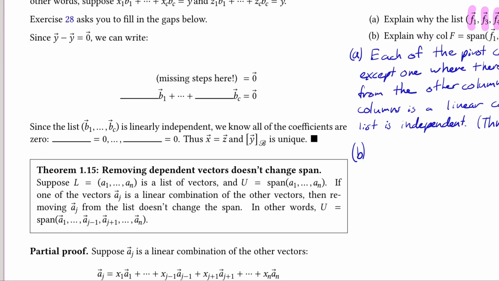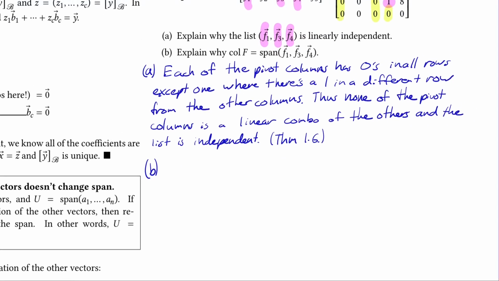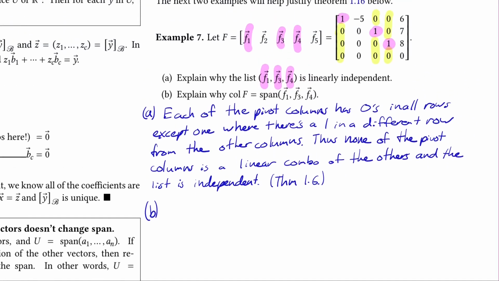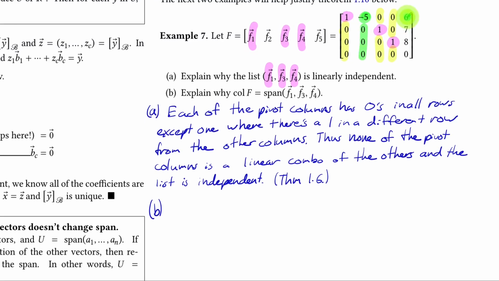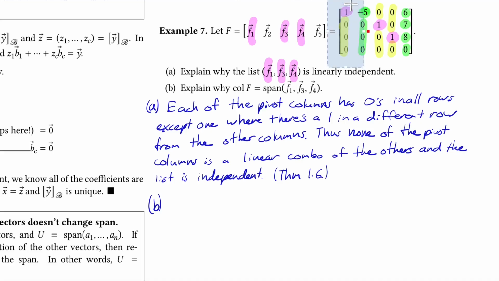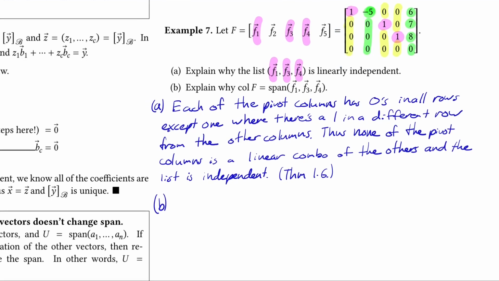So if you can get one of the vectors as a linear combination of the other vectors, removing it doesn't change the span. So we just need to show that column 2 and column 5 are linear combinations of the others. And you can see that here, that negative 5, 0, 0, 0, you get that by doing negative 5 times the first column.